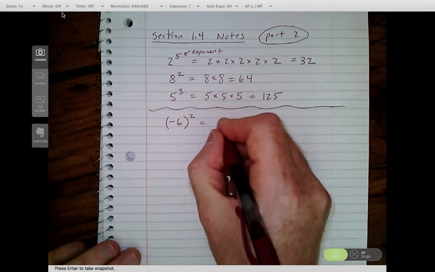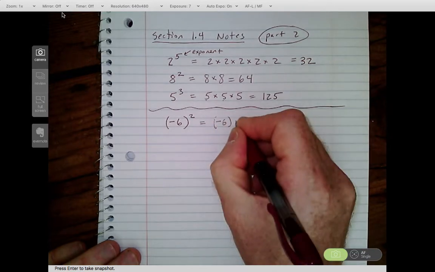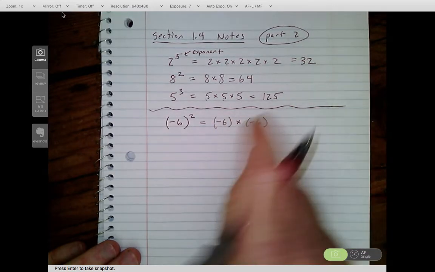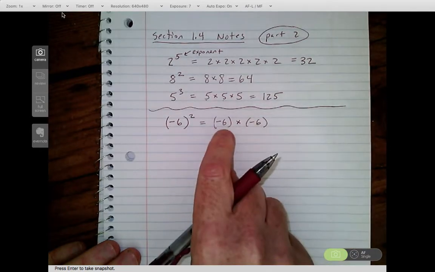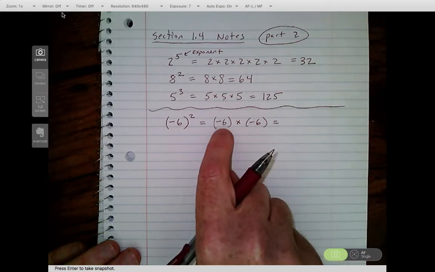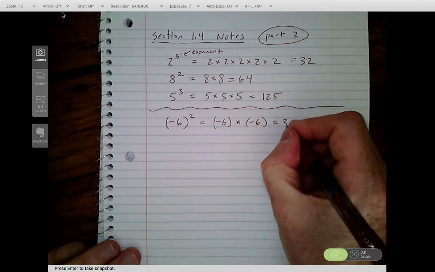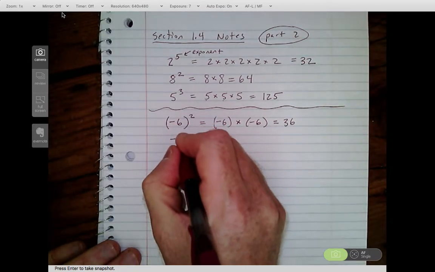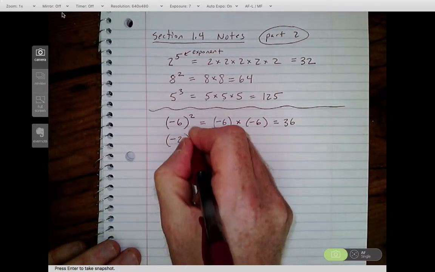We are taking negative 6 to the second power, so that's negative 6 times negative 6. Hopefully you'll remember from before, a negative times a negative is a positive, so negative 6 times negative 6 is 36.